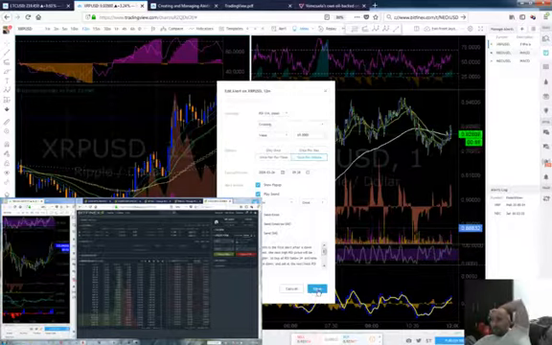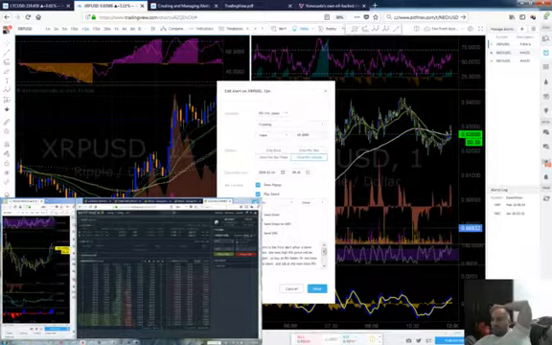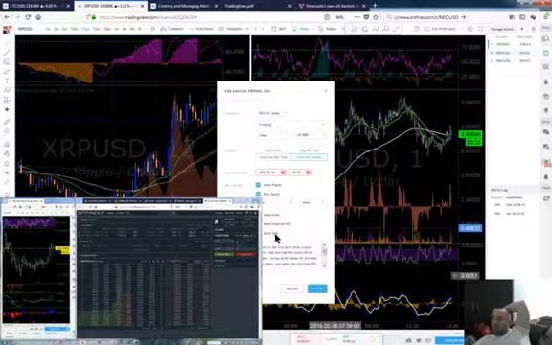And when it crosses below this, when this and that, you can just come over here, set all these alerts and everything, and have a computer programmed to send the alert if this and this and this happens.